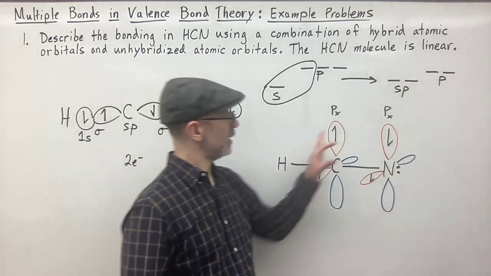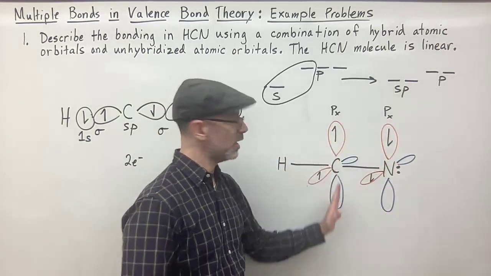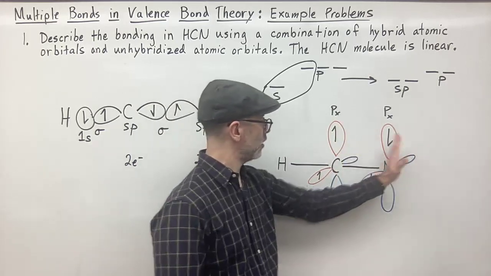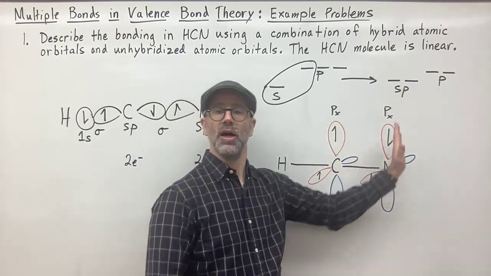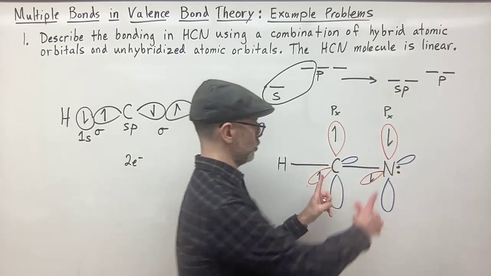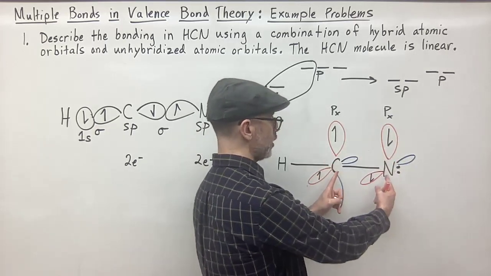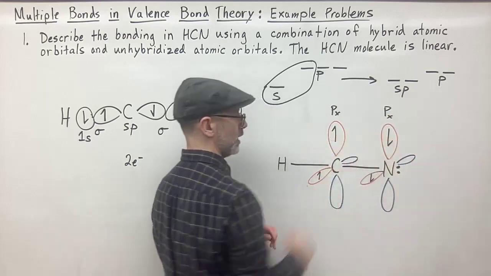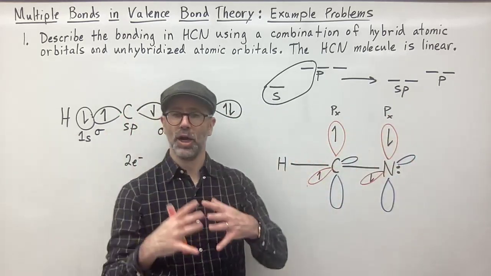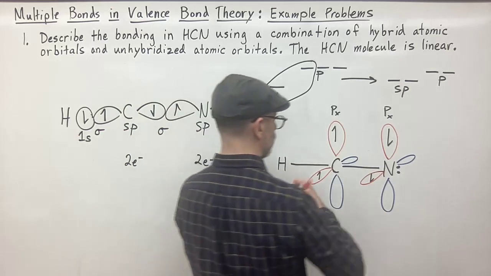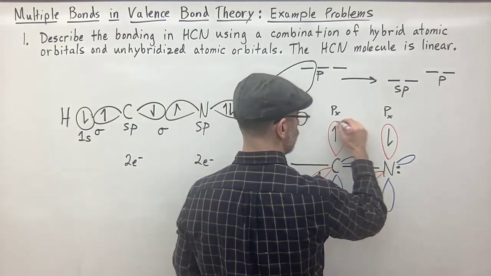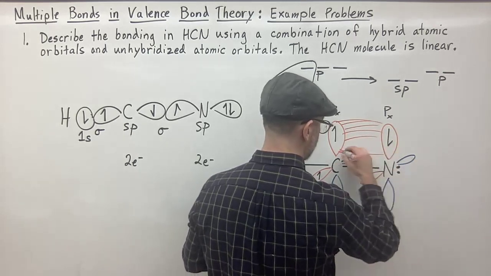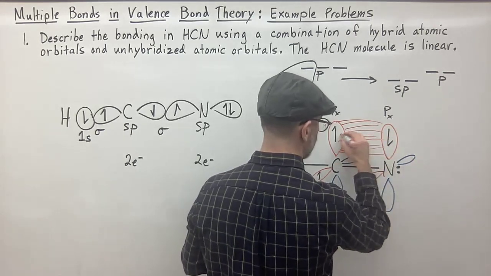And so what's going to happen is that now if you have unhybridized p orbitals that have an electron and they are adjacent to another p orbital that has electrons, so we have two atoms, each has an unhybridized p orbital with one electron in them. The electrons are going to pair up, they're going to bond, and then you're going to get this overlap. So you're going to get this electron density overlapping like so.